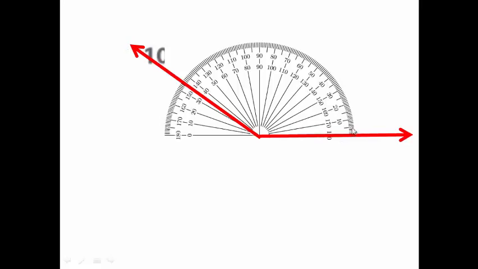I count 10, 20, 30, 40 until we reach 140, then 141, 142, 143, 145. So it will be 145. Which type of angle is this? Acute angle, right angle, or obtuse angle? It's more than 90. Who can answer? Yes, it will be an obtuse angle.